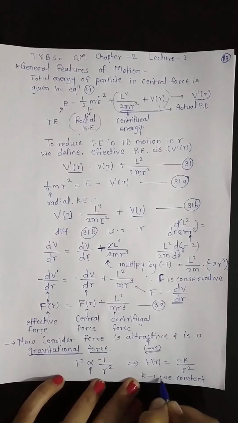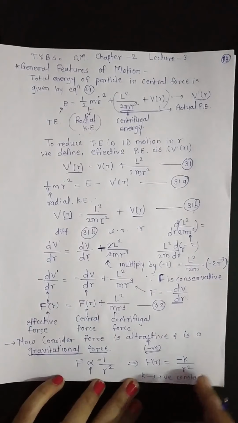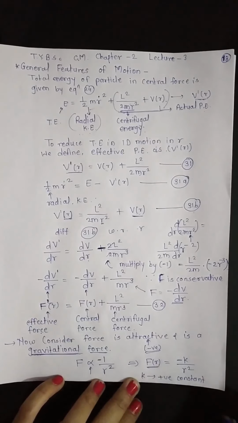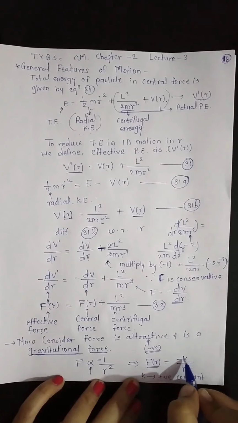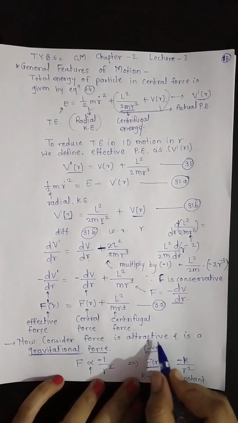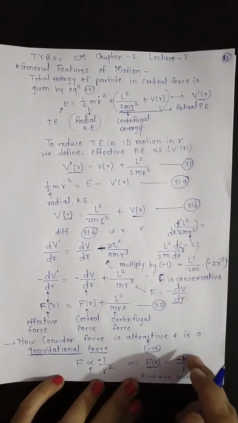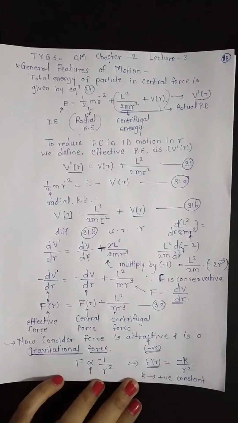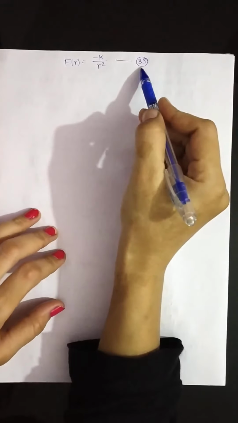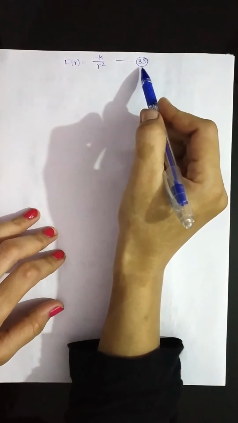I am taking K as a positive constant, and this is now our gravitational force, where we have a negative sign since I have taken it as an attractive force. Let me write this equation on the next page, and I have called that equation number 33.